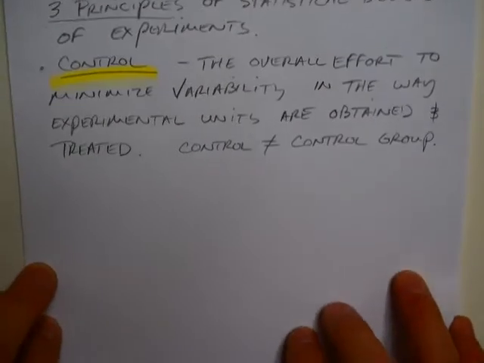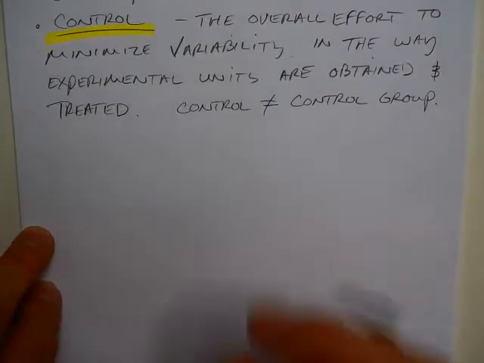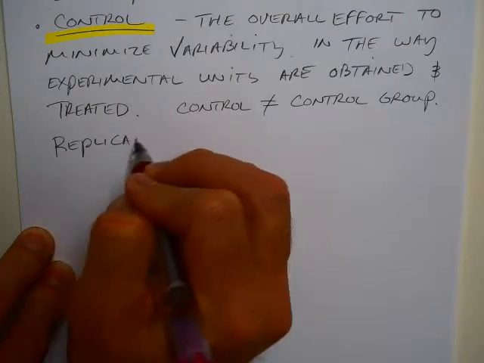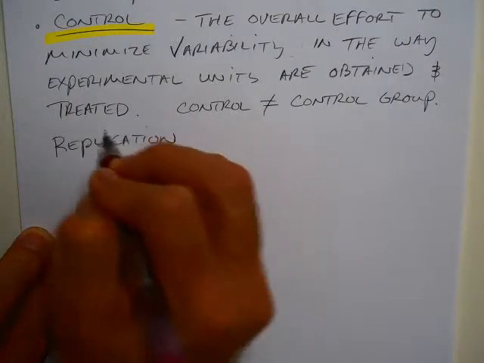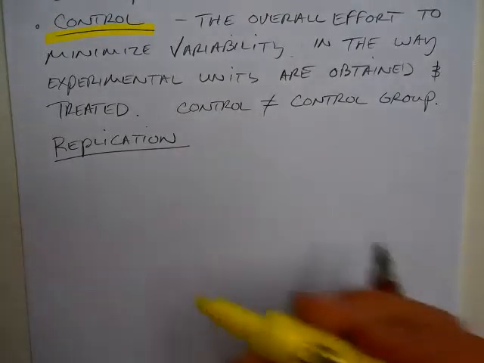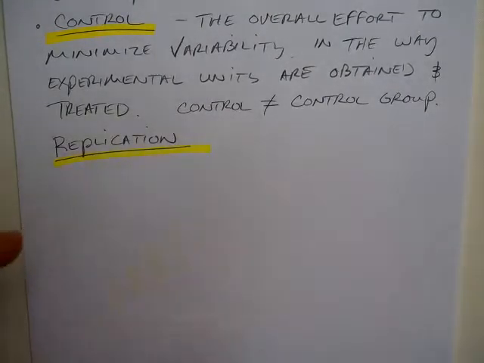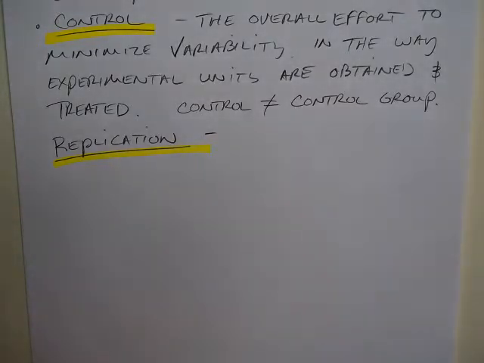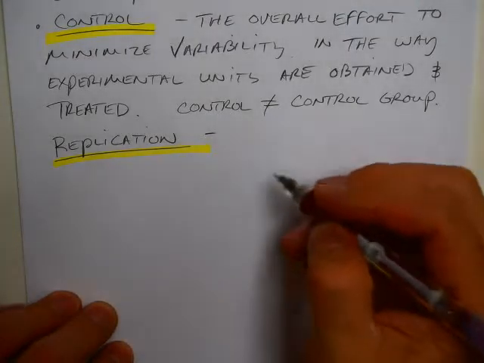The next thing is replication. Replication is the idea that we use enough individuals to reduce chance variation.